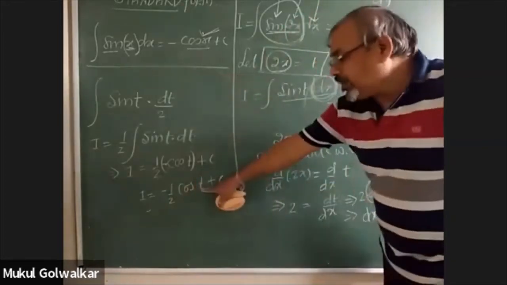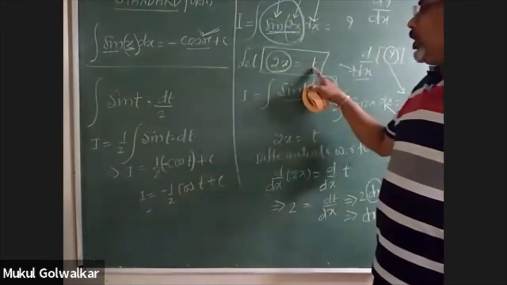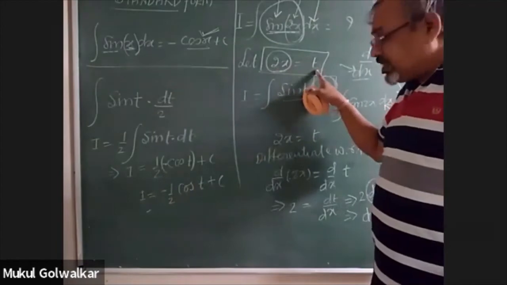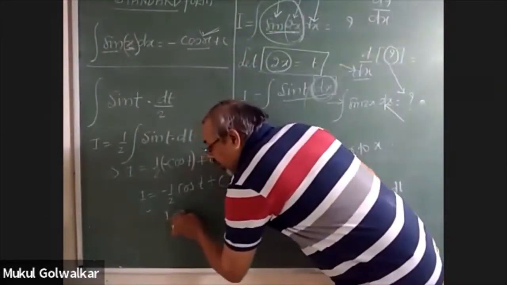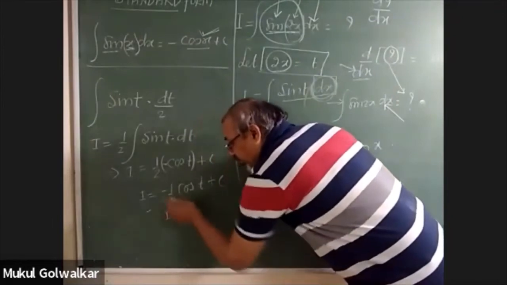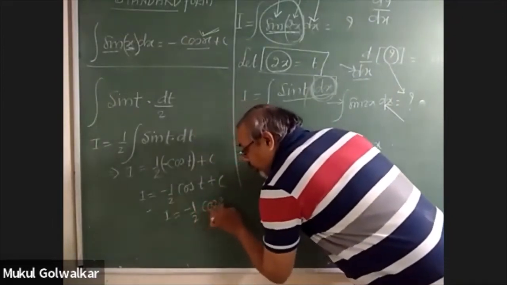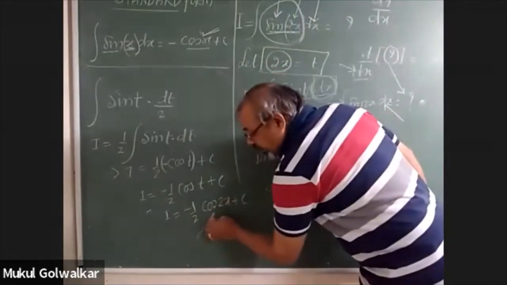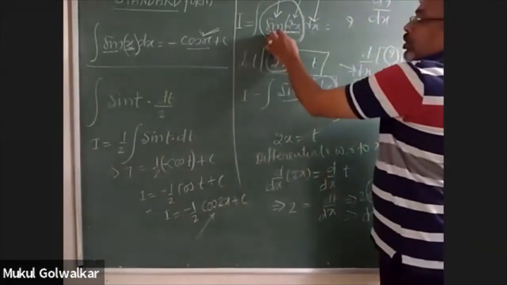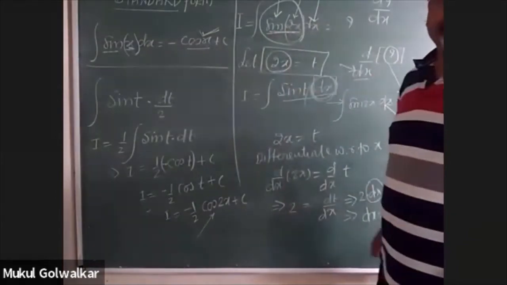And this variable t was introduced by me only, so I can replace the value of t by writing 2x. So the final answer will be minus 1/2 times cos 2x plus c. So this is the integration of a function of a function.